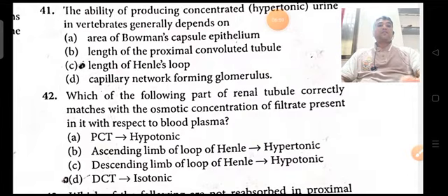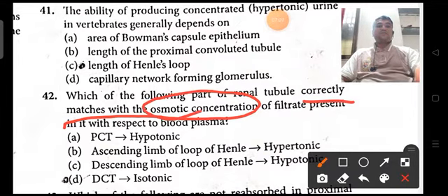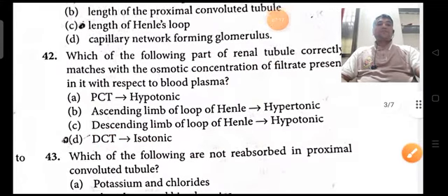If you read the question and try to understand, you can get the answer: distal convoluted tubule isotonic is correctly matching.